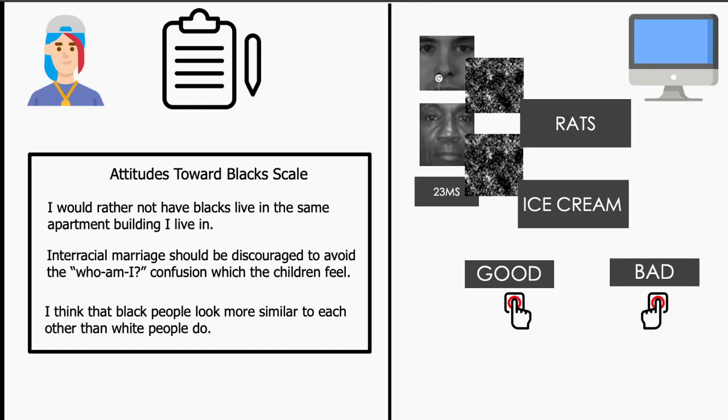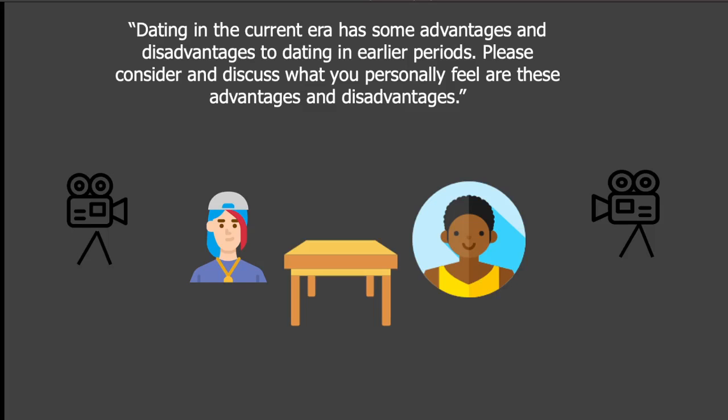So do you remember our wonderful stereotypical student here with his hat turned backwards? We're back in a study. He just did an explicit measure of attitudes. He did an implicit measure of his racial attitudes here with this variation of the automatic evaluation procedure. And now he's led into a room.